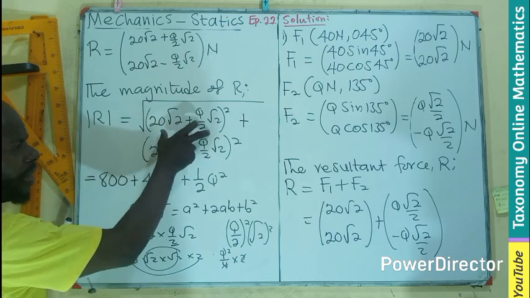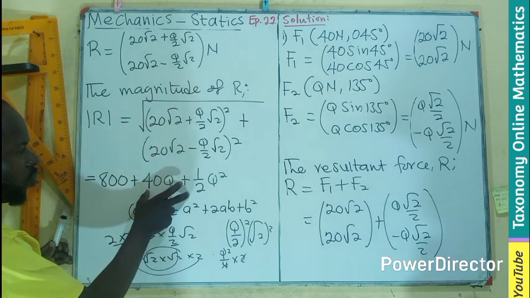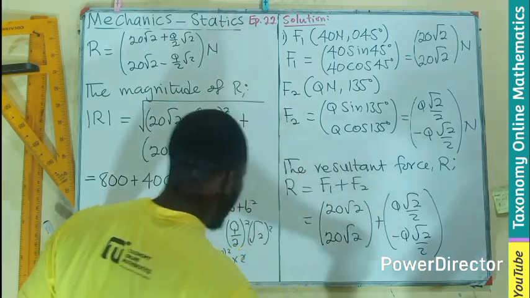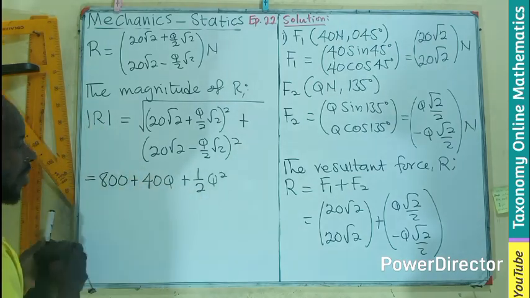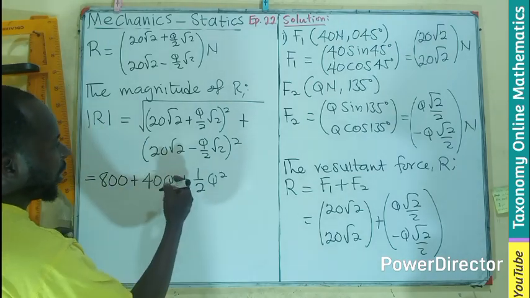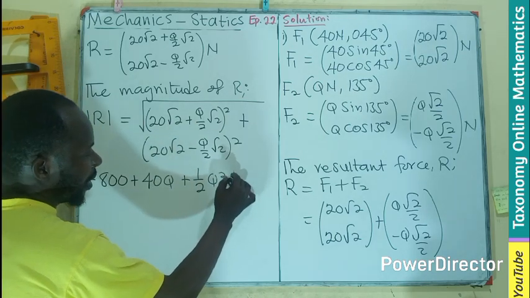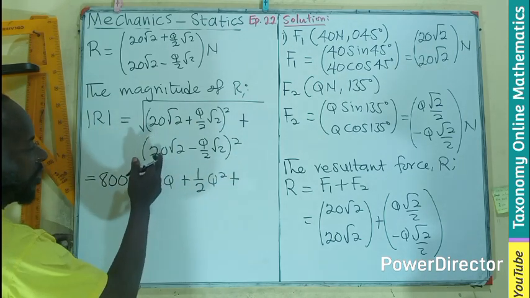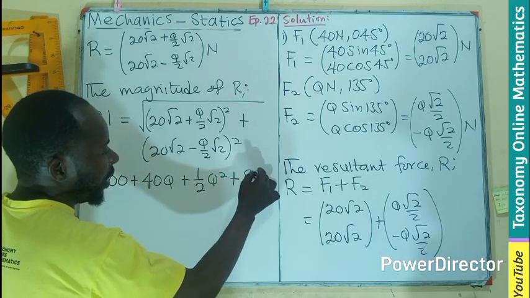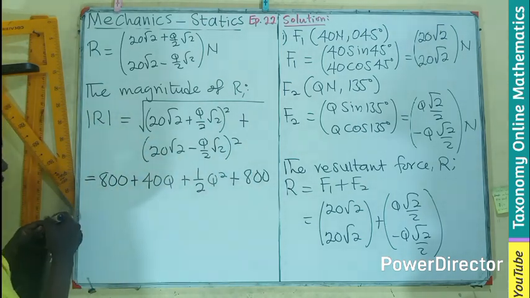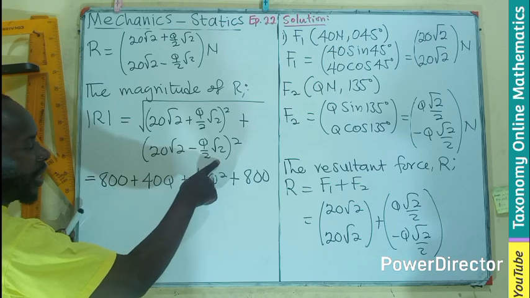Then we are now going to expand the second one also and see what it will be. Remember, it will be similar in terms of values. So this is going to be plus. Let me indicate the plus there. If I square the first term, I should be having this value again. That will be 800. So twice their product.